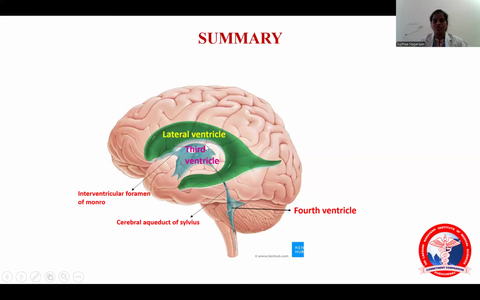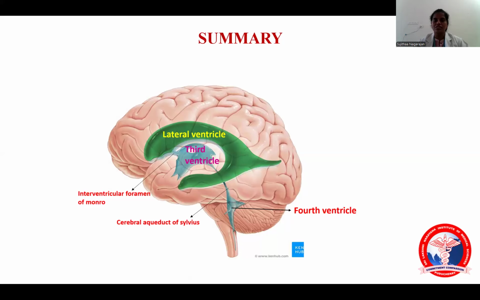Now the third ventricle is a cavity of the diencephalon. The diencephalon includes the thalamus and hypothalamus, so the third ventricle is present between the two thalami. Third ventricle and thalamus both start with the letter T, so between the two thalami is the third ventricle.